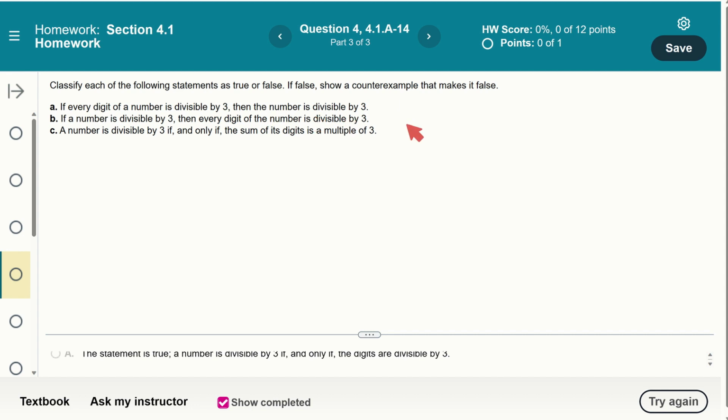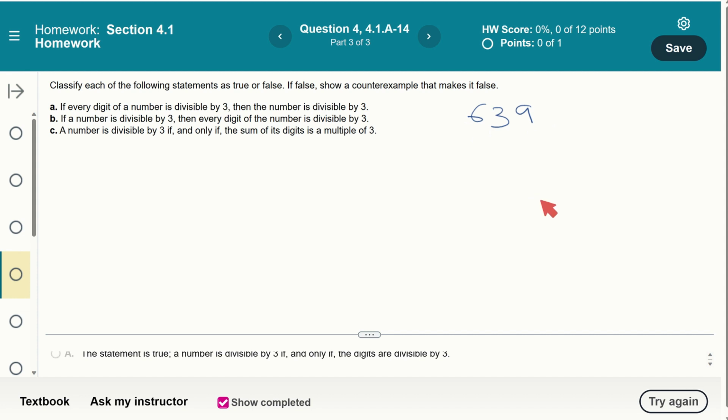For example, let's look at an example of what they're talking about. Like, let's say 639. Do you think that number should be divisible by 3? Of course, because if each digit is divisible by 3, that means the sum of those numbers that are divisible by 3 is also going to be divisible by 3, right?